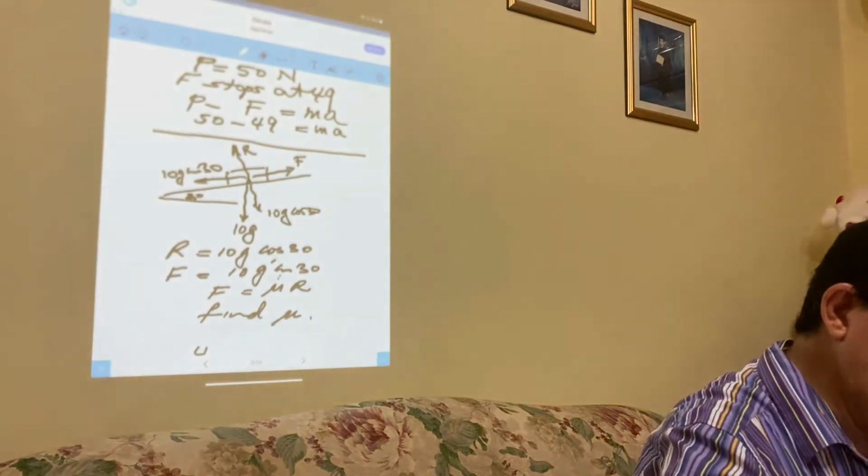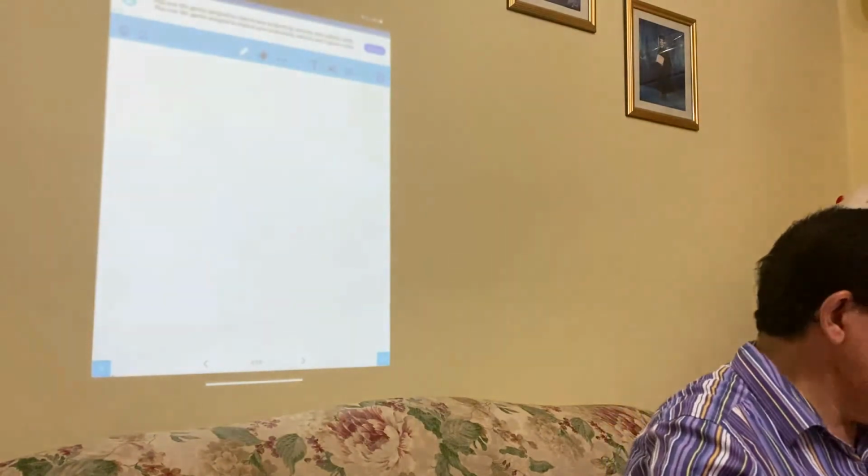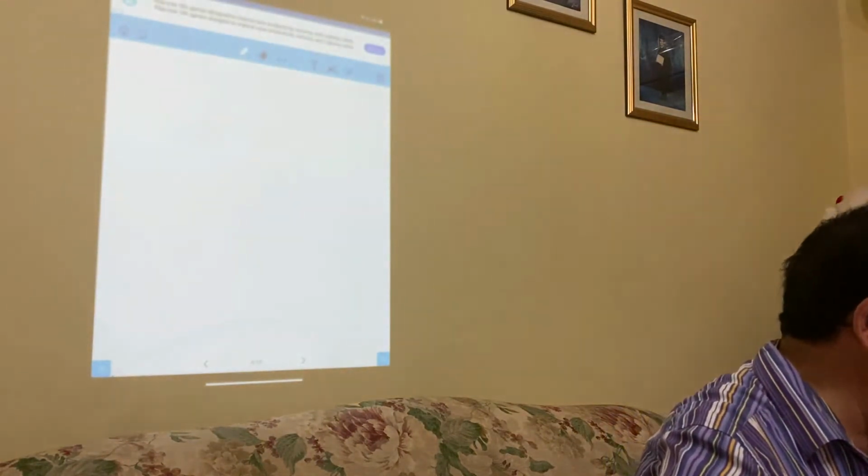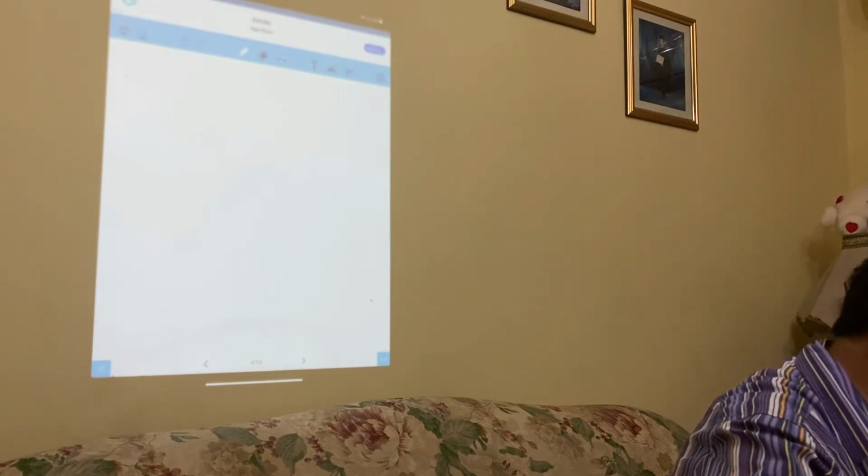Another example. We have a block on an inclined plane.